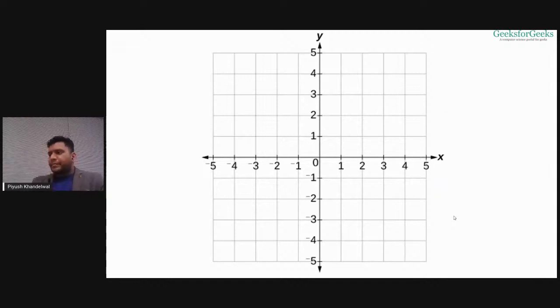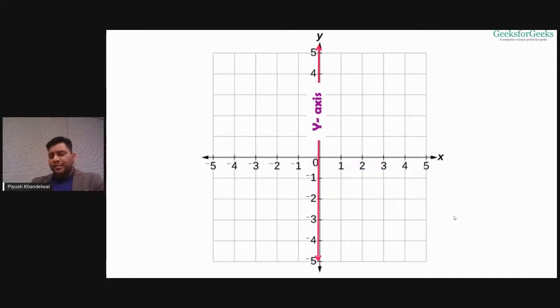Now comes the next thing. Have you seen this type of thing? This is called a Cartesian plane. It's just simple, like we have a floor, and we have divided the floor into four parts with two lines, right? One is the x-axis, the horizontal axis, and the other is vertical, which is the y-axis.